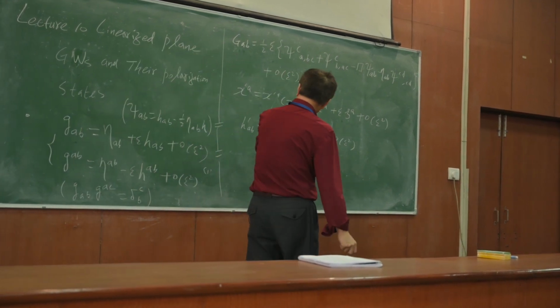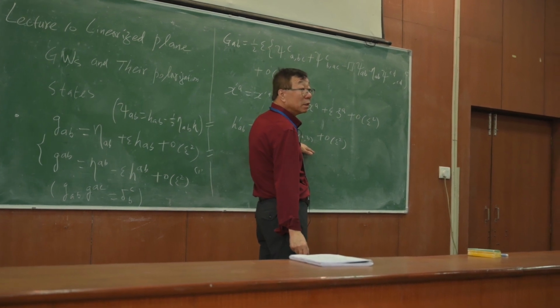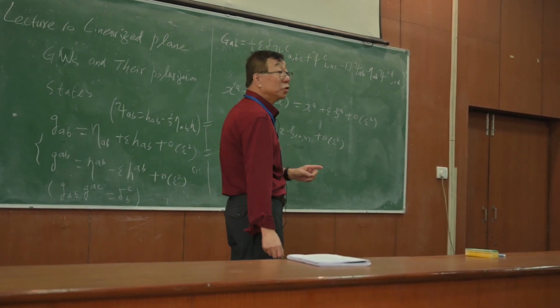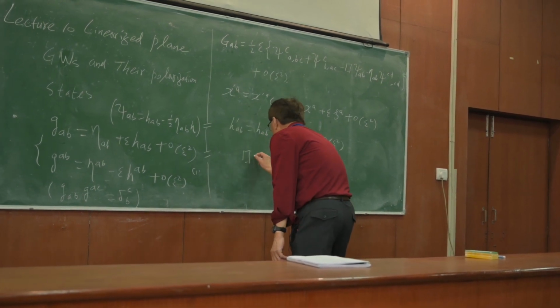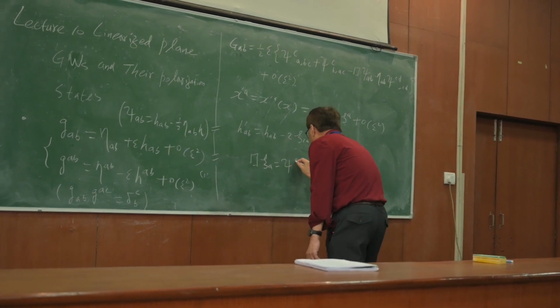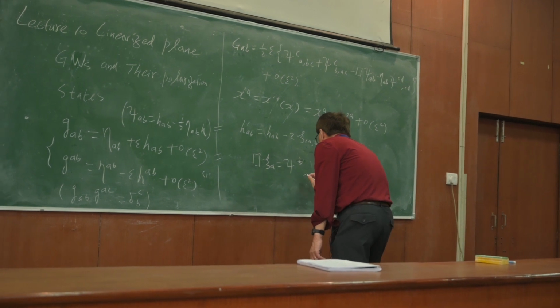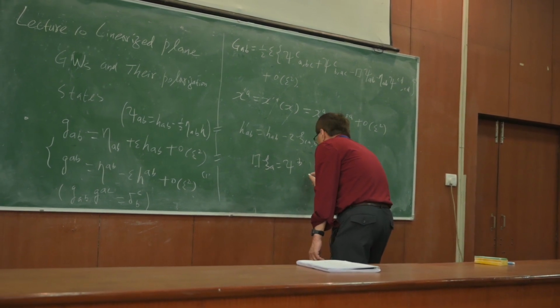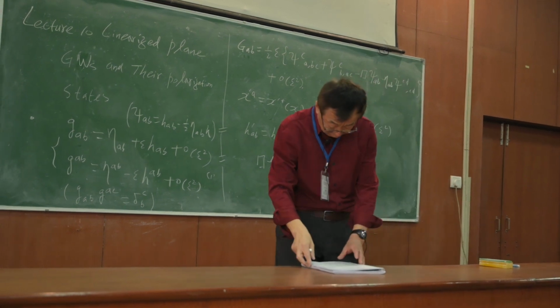So when we do this, we have four arbitrary functions. Then I'm going to choose these functions. Let me make sure the gauge transformation is correct.